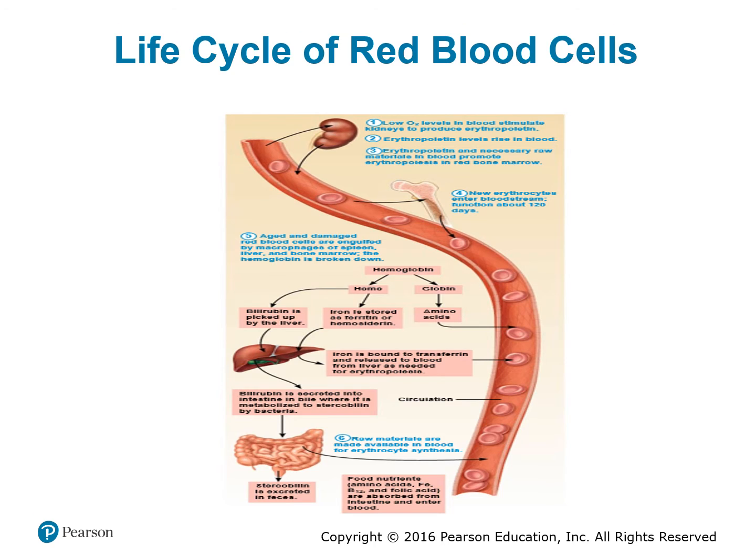So when the red blood cells are being broken down, the heme, the iron, and the globin molecules are separated. The iron is going to bind to ferritin or hemosiderin, and is going to be stored in the body for reuse. Heme is going to be degraded into a yellow pigment known as bilirubin.